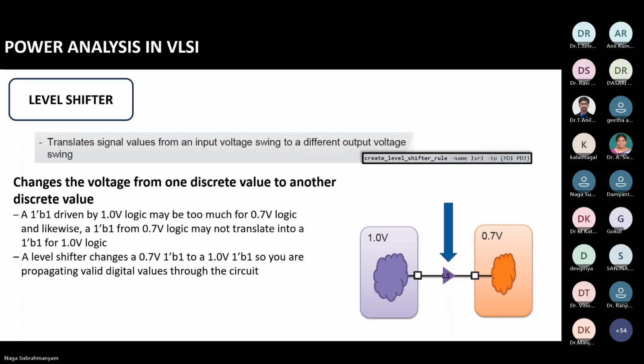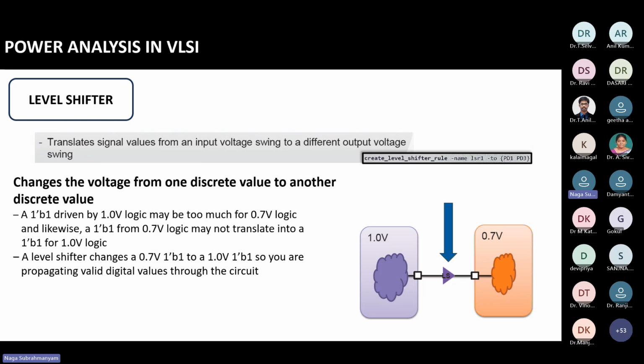Sorry for the interruption. See, there I wrote two statements very clearly. In this 1 volt domain, logic 1 means 1 volt and logic 0 means 0 volt. In another domain, logic 1 means 0.7 volts and logic 0 means 0. Don't think that a 1 is always 5 volts; it will vary from domain to domain.